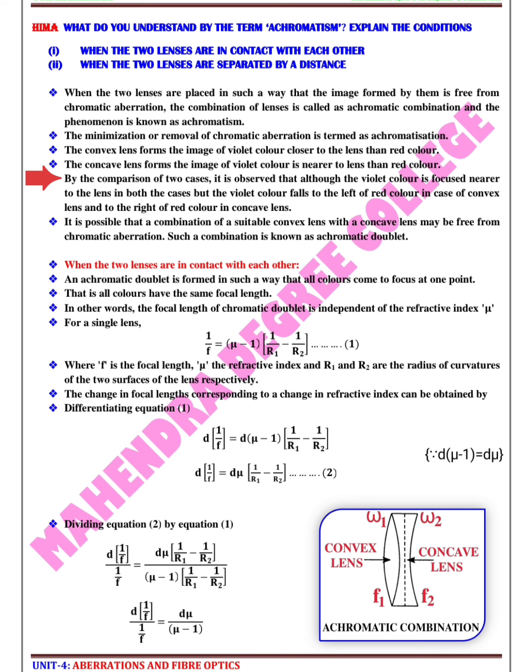In a convex lens, which converges light, violet is on the left of red. In a concave lens, which diverges light, violet is on the right of red.